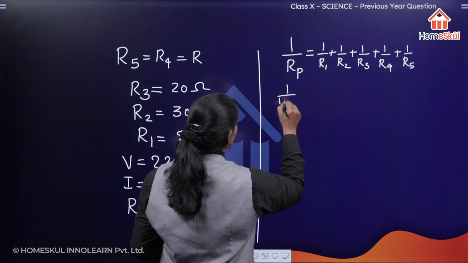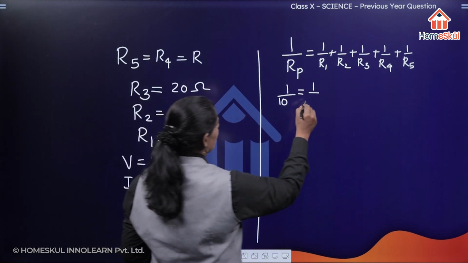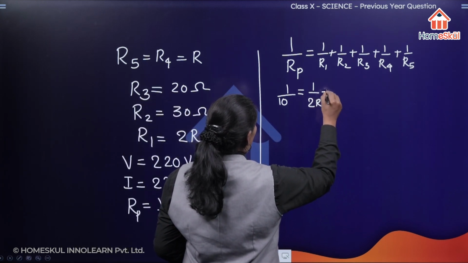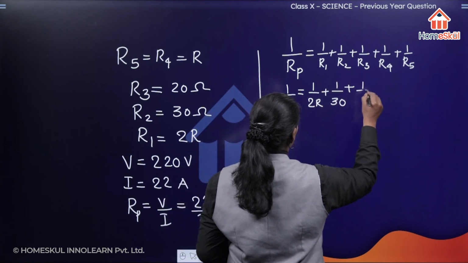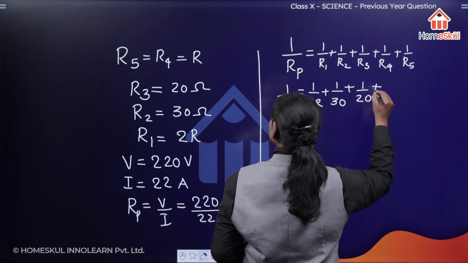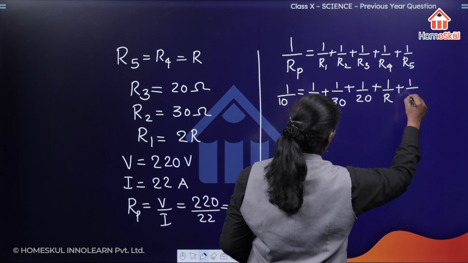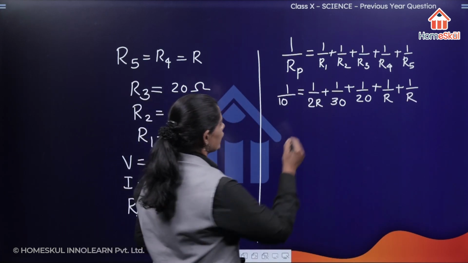So we get 1 by 10 is equal to 1 by R1. R1 is given to be 2R. Then R2 is given to be 30 ohm. R3 is given to be 20 ohm. R4 is given to be R, and R5 is also R, right? So let's solve this.